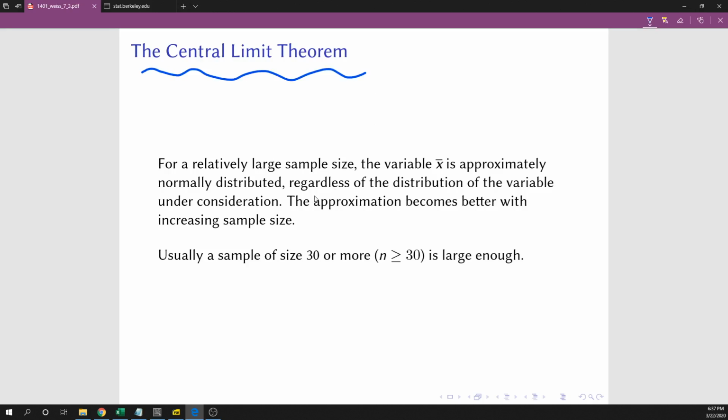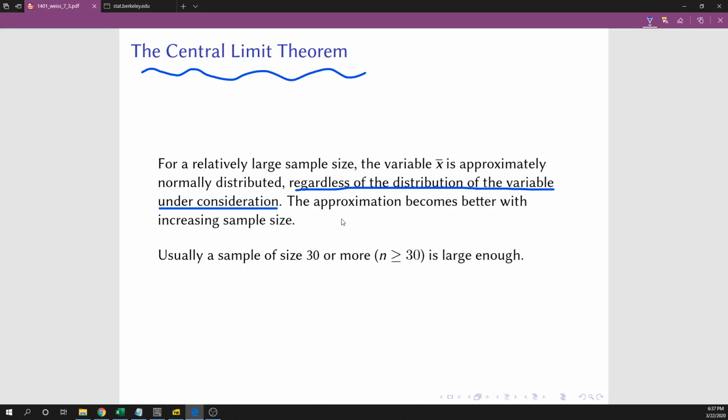So what the central limit theorem says is that for a relatively large sample size, the variable x bar is approximately normally distributed, regardless of the distribution of the variable under consideration. Okay? So it's nice if you have a normally distributed variable. The previous slide says that the distribution of x bar is normal.